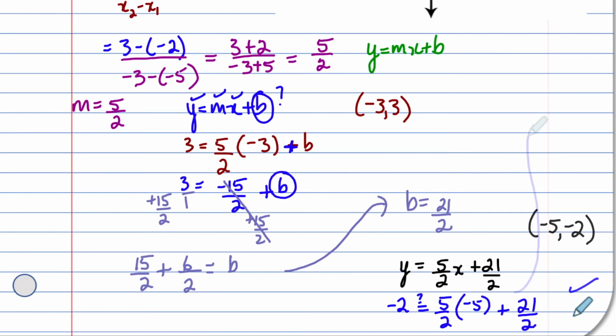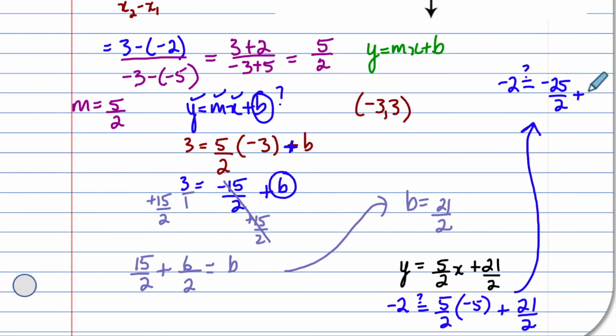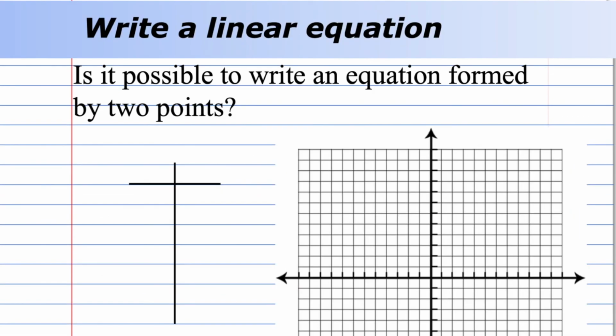So it's true. I'll write it up here. Does negative 2 equal negative 25 over 2 plus 21 over 2? Well, yeah, that gives us negative 4 over 2, which is negative 2. So it's true. Is it possible to write an equation formed by 2 points?